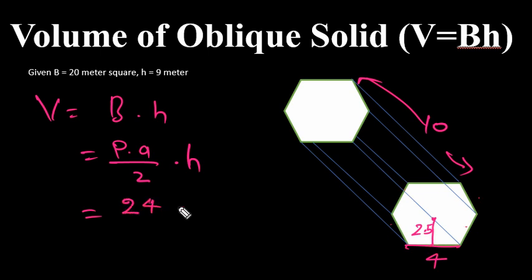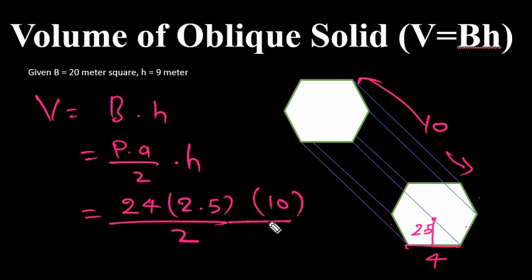So 24. Apothem length is 2.5 divided by 2 multiplied with 10. Just solve this and you will get your answer. So 24 multiplied by 2.5 multiplied by 10 divided by 2. The answer will be 300 meter cube. So that's how you will solve.